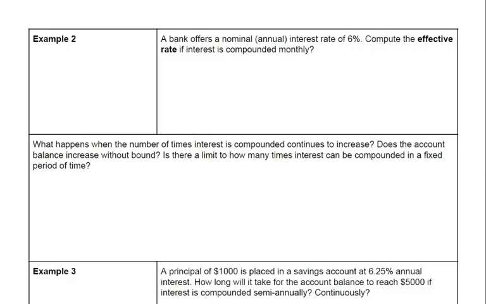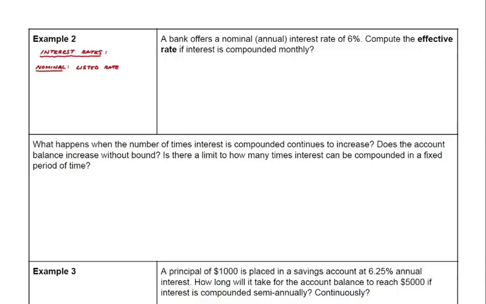For this next example, we're going to look at the difference between what's called nominal interest rate and effective interest rate. The basic explanation of the difference is your nominal interest rate will always be your listed interest rate. So for instance, if a problem said you invest a certain amount of money at 7% interest compounded monthly, then 7% would be your nominal rate.